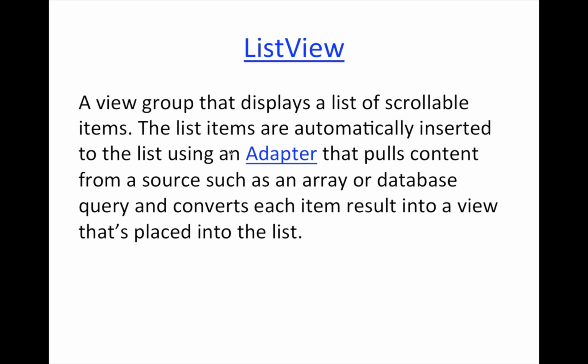When it detects that a new item should come in or an item should go off, it communicates with an adapter, and the adapter will fetch the data and views appropriately as needed. So when you create a list view in XML, you don't specify its children or the data that comes in with it. In code, you take your list view and set an adapter on it, and you define the functionality of the adapter, how it communicates with your database, how it creates views and all of that sort of stuff.